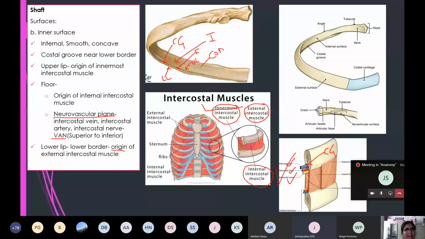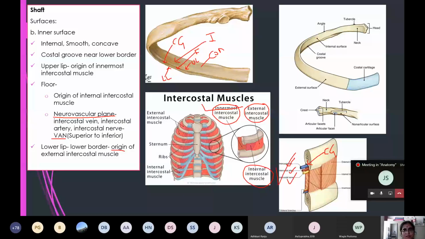Very good. VAN arrangement from superior to inferior. If you remember, in the femoral triangle also there is VAN arrangement, but it is from medial to lateral. Yes or no, my dear student? But in the costal groove also, it is in the VAN arrangement. But what is the orientation? Superior to inferior. Clear?